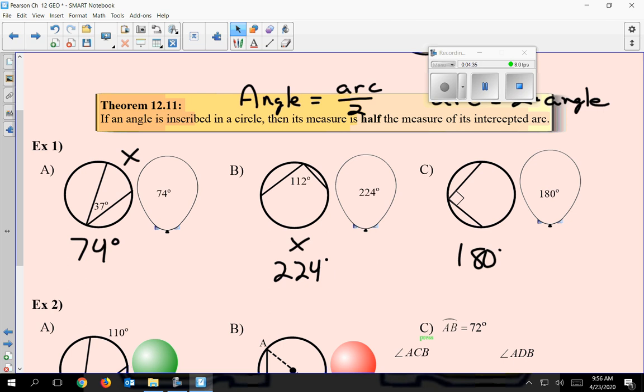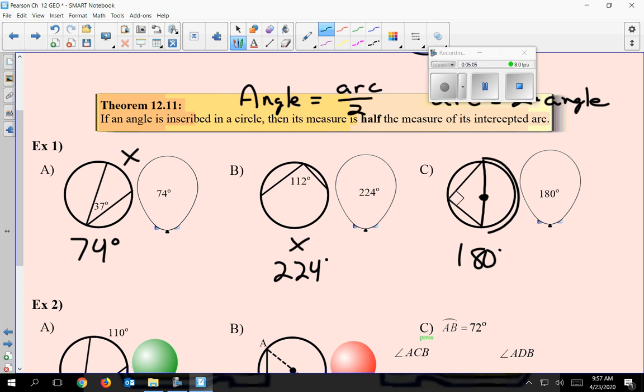If that angle is 90 and it's intercepting the circle and creating this arc, and if that arc is 180, then that should tell me that this line I draw right here should be a diameter, and therefore it has to go through the center of the circle if it's 180. Okay, so there you go on those.